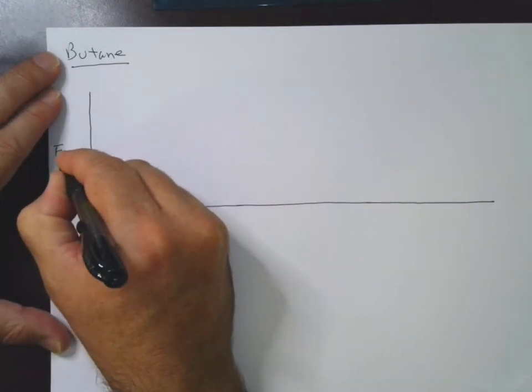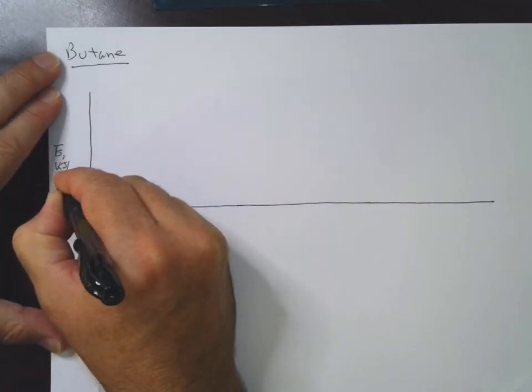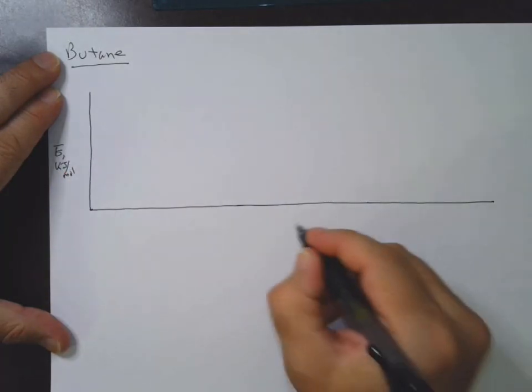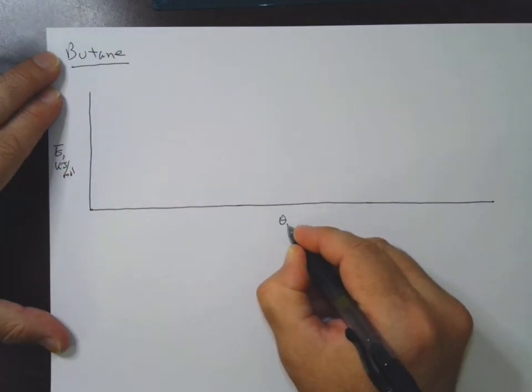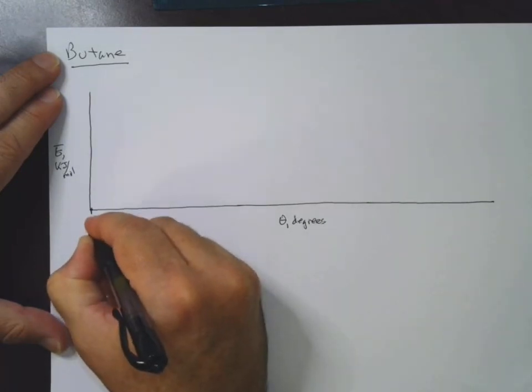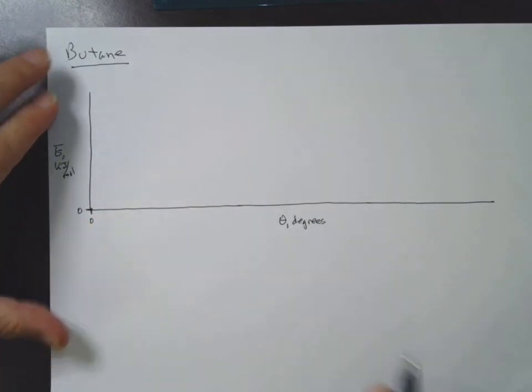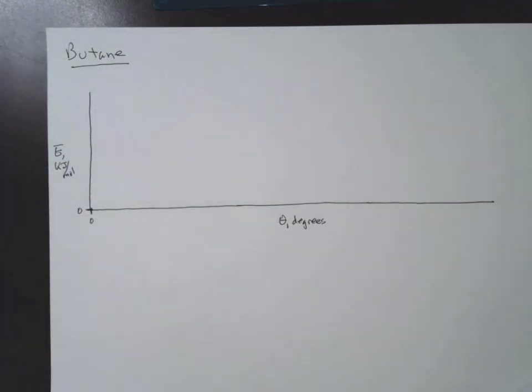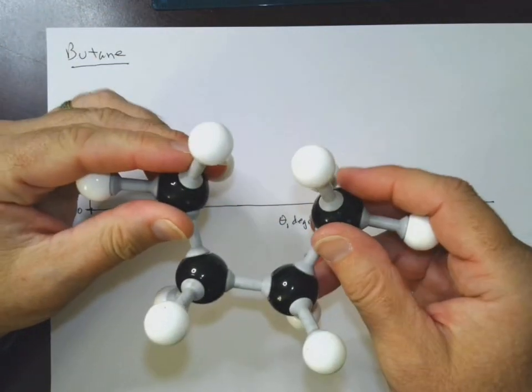So here's my energy in kilojoules per mole, and this is going to be theta in degrees, starting at 0, 0. All right, so let me pull a hydrogen off my back carbon here, and boom, butane.